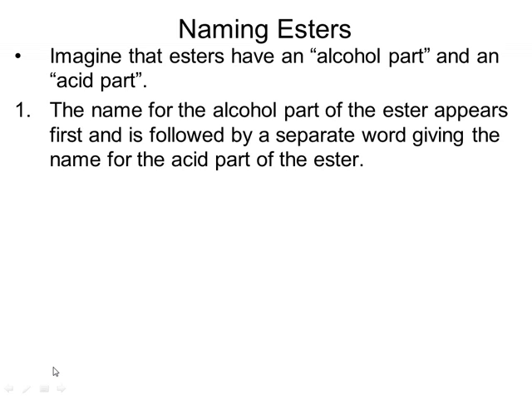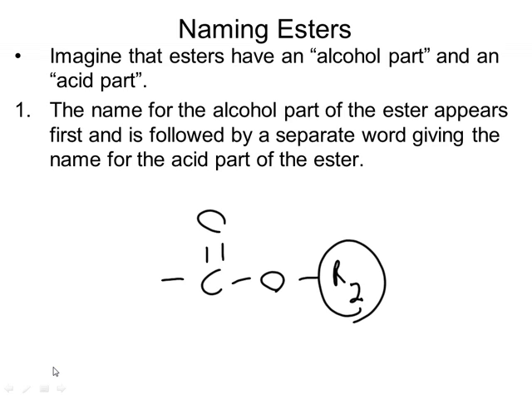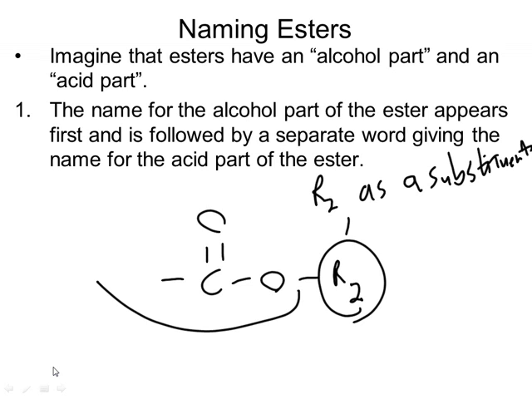The first word is the name for R2, if we pretend it's just a substituent. And the second word is the name of the rest, as if it were just a carboxylate ion. So let's work on this.